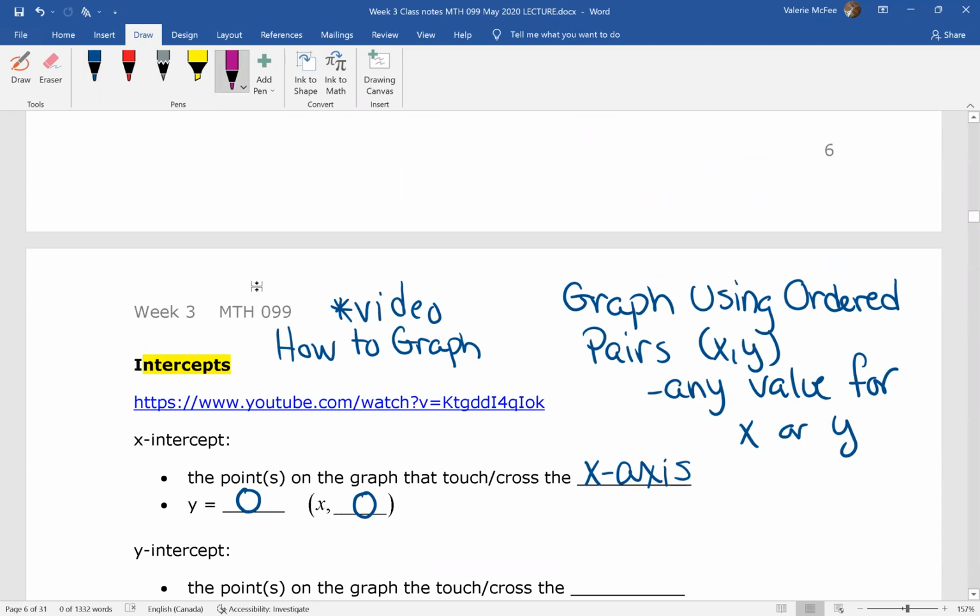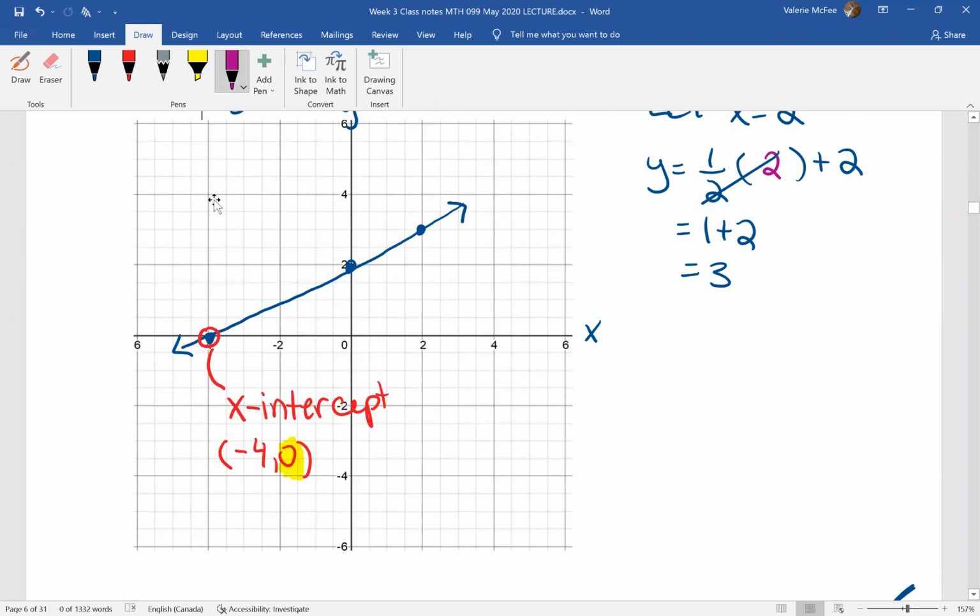Let's take a look at the graphs again. Here's a point on the y-axis. This is known as the y-intercept. This is the ordered pair 0, 2. Are you noticing something?